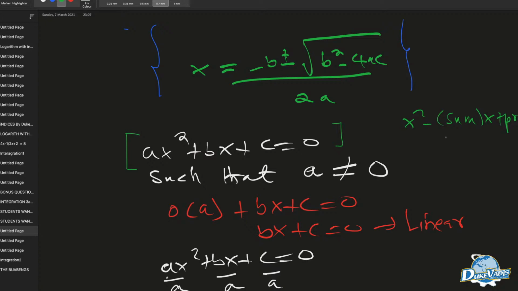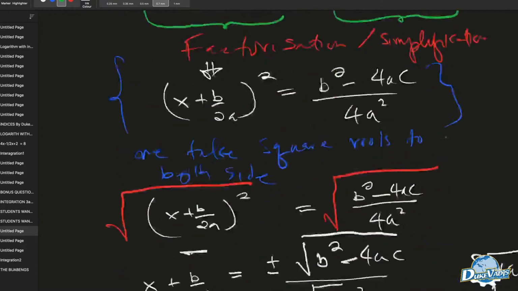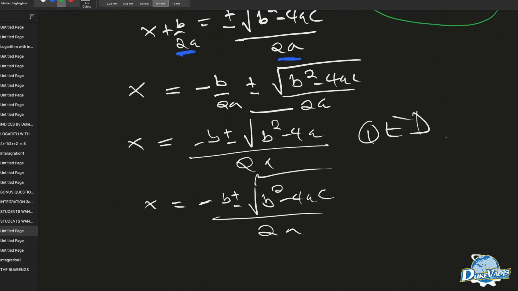Let me go down and explain it. So x squared minus the sum multiplied by x plus the product of the quadratic equation. So this is the general quadratic expression. Then x squared minus the sum multiplied by x plus the product should be equal to 0.